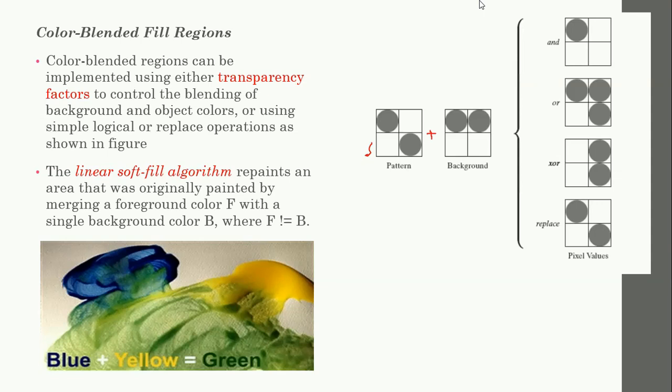So if you are saying AND operation, how does an AND operation happen? For example, I say here A and B, think of the values.